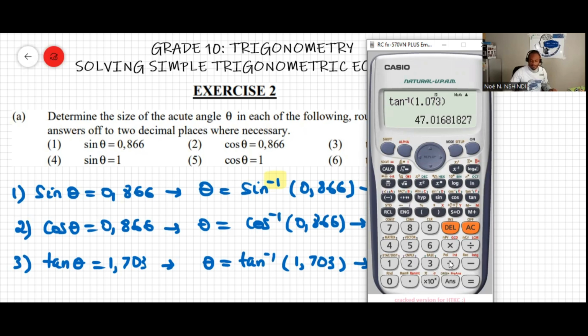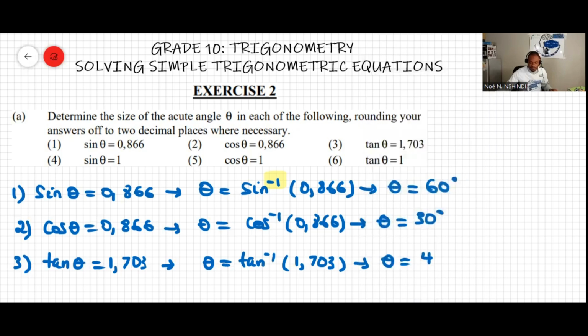That makes 47 point something. To the second decimal place, I look at the third decimal value, which is 6. 6 is more than 5, so I increase this digit by 1 unit. That makes 47.02.